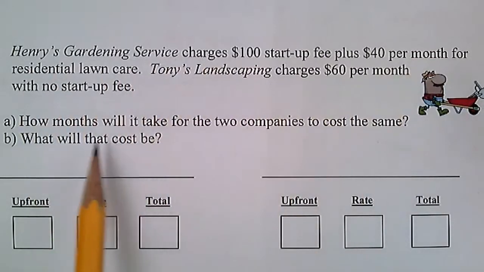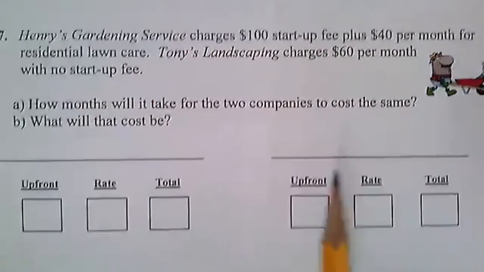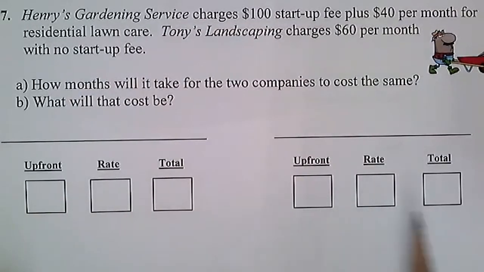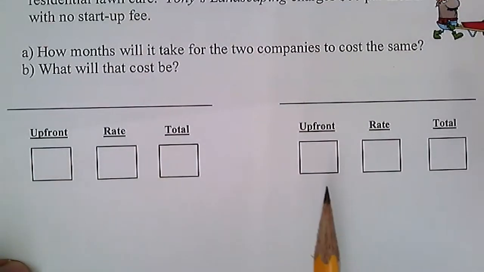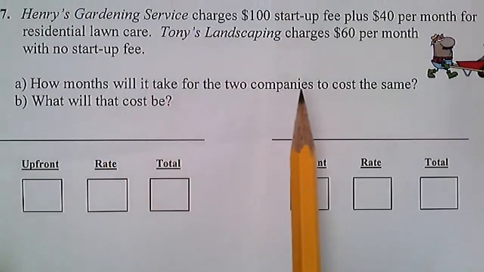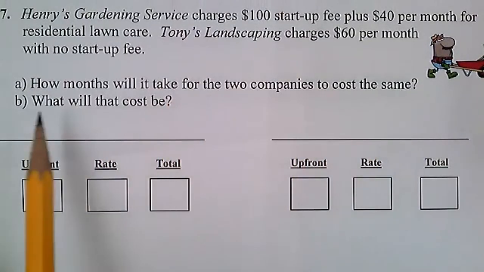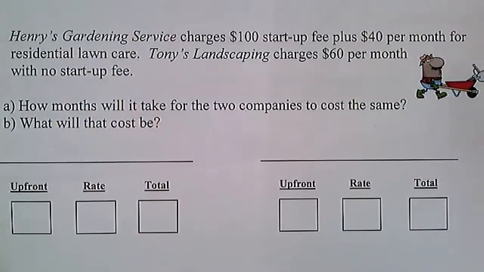So go ahead and do Henry's over here, do Tony's Landscaping here, fill in your 3 boxes, and then take this part of your equation and make it equal to this part of this equation, make those equal to each other, and then you're going to figure out how many months will it take for the 2 companies to cost the same, and what will that cost be?